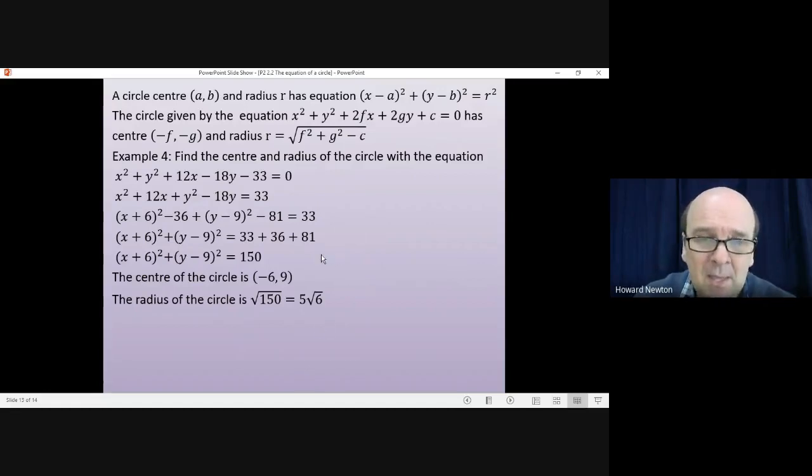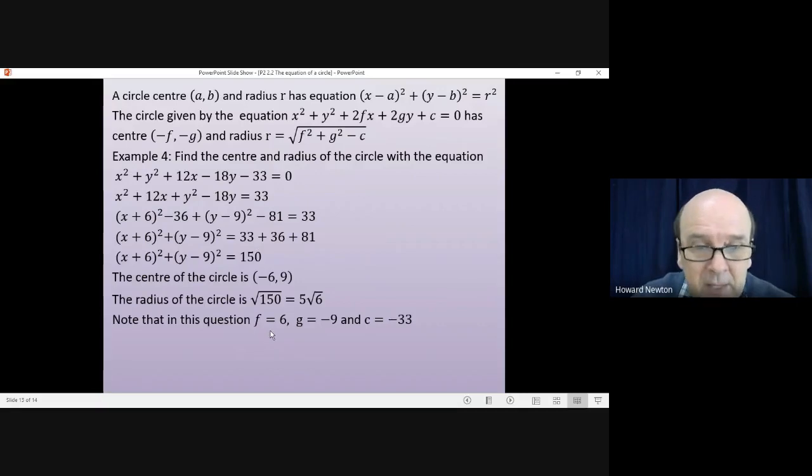The shorter way is if you are familiar with the second form for a circle. So note, in this question, all you have to do is halve the number of x's, halve the number of y's, and you have c equals minus 33. And then the center will be minus f, minus g, and the radius will be all of that.